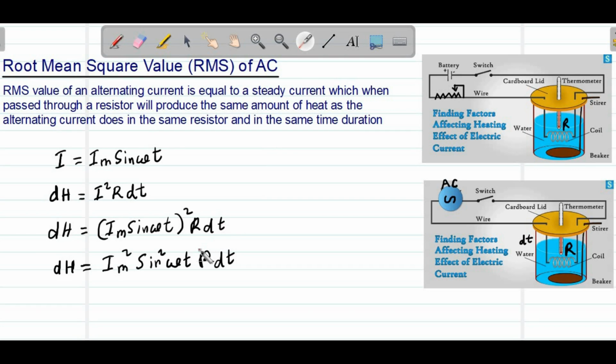If we want to calculate the heat energy produced in one full cycle of AC, one complete cycle of AC, that is during a time period T. The time taken for one complete cycle of AC is called the time period.